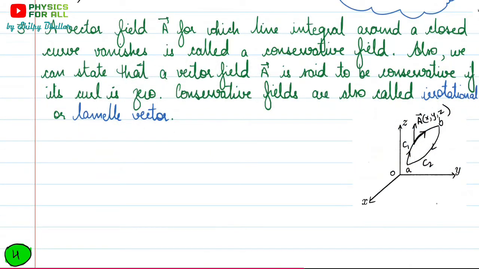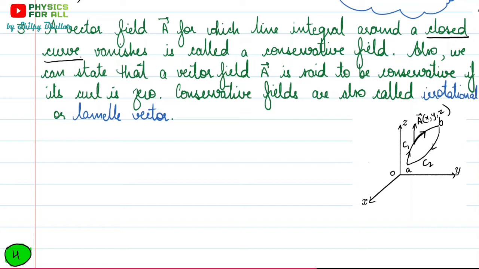Now let's consider the third definition, which is a bit different. It states that a vector field A for which the line integral around a closed curve vanishes is called a conservative field. Till now we were just discussing curves, but here it states closed curve. So this is something unique. Till now we were dealing with non-ending curves, but here it states something about closed curves, something which is closing.